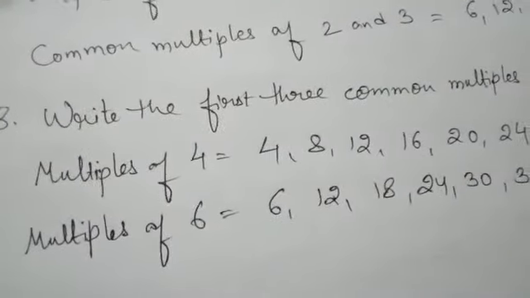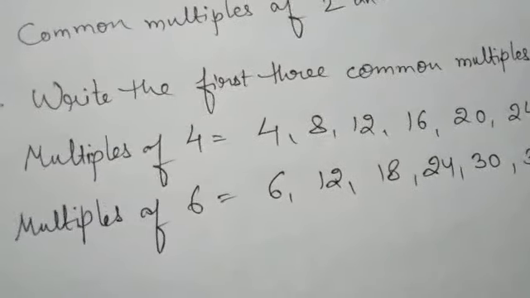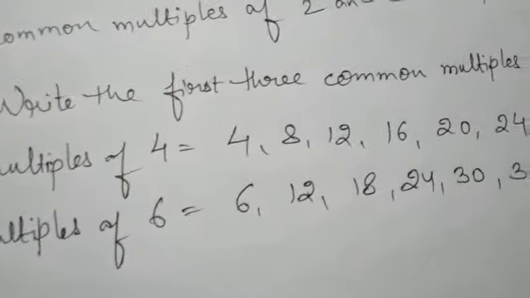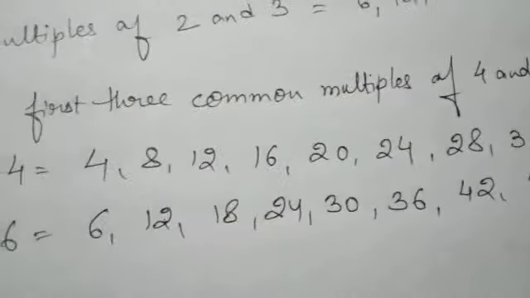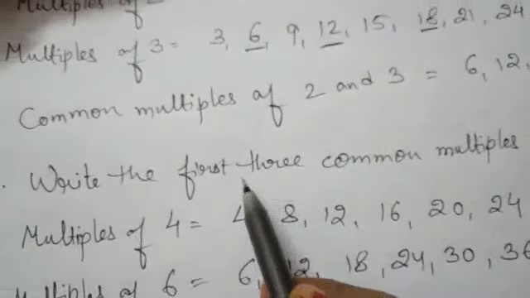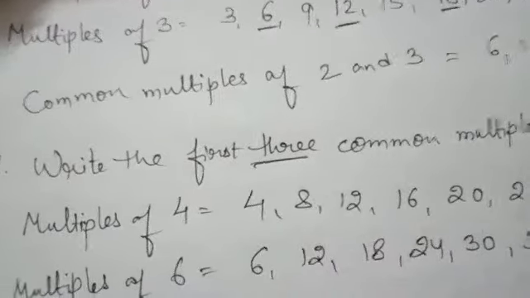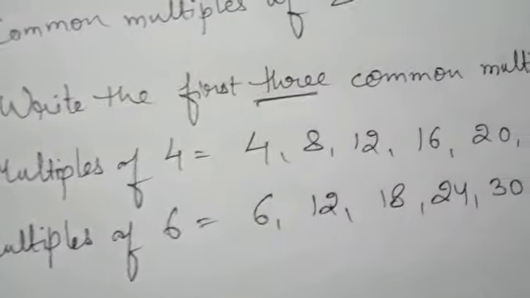One more sum I am showing you which is given in the book. Question number 8. Write the first 3 common multiples of 4 and 6. First 3 common multiples means you will give only the first 3 common. So now I am doing multiples of 4.